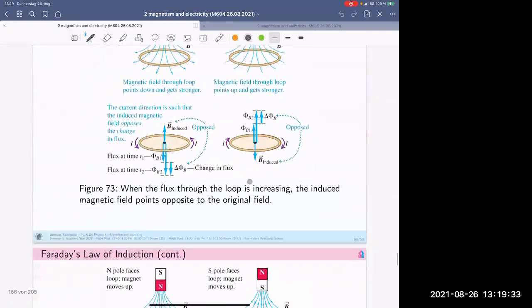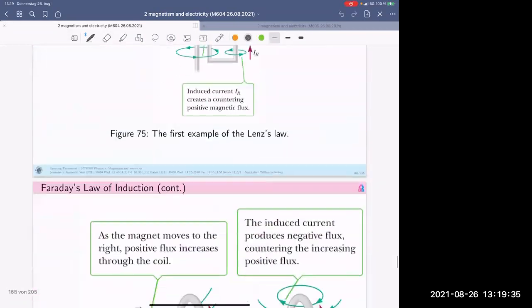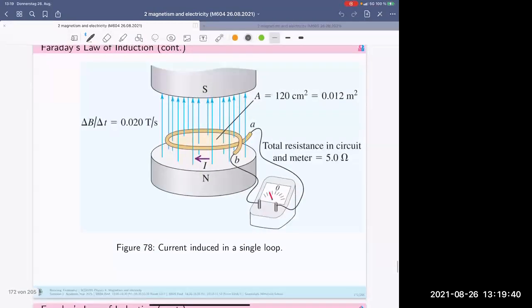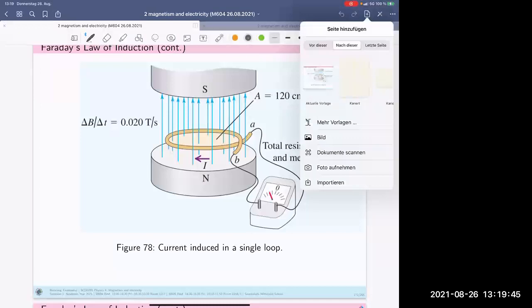We are going to use that formula in order to solve this one, so let's start to do that.